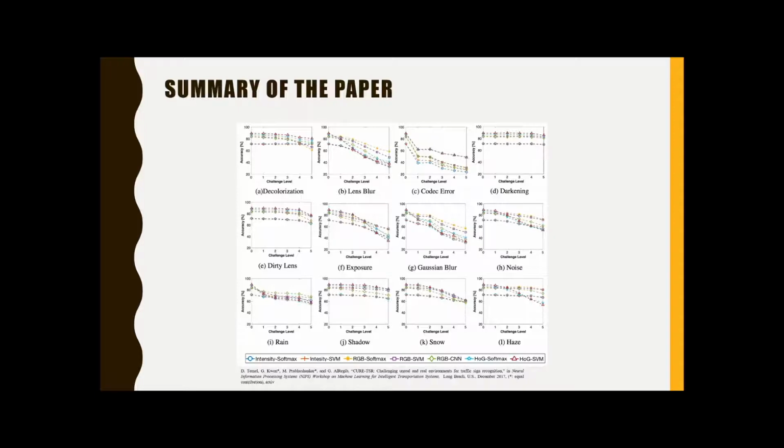With all those methods, they proved that the challenging conditions decrease the performance of the baseline method significantly. As a result, they found that using diverse challenge condition data could enhance recognition performance in real-world scenarios.